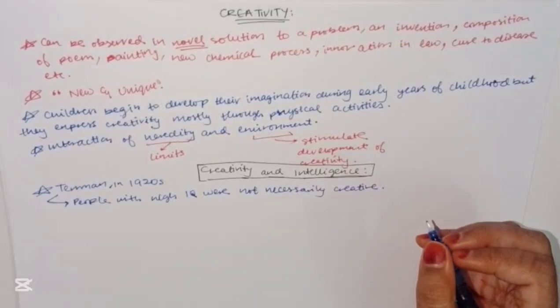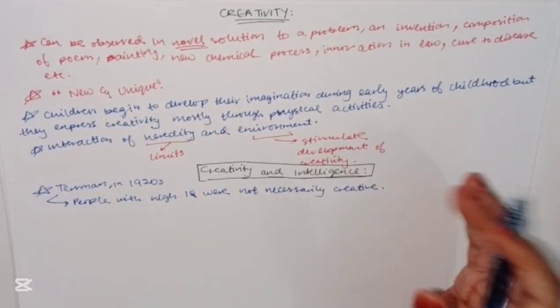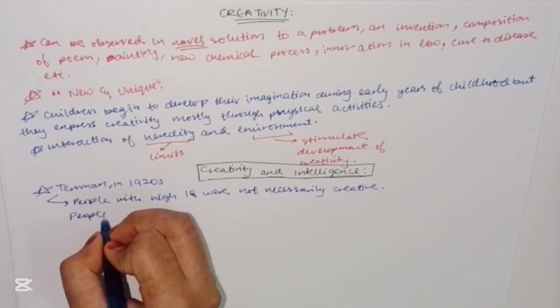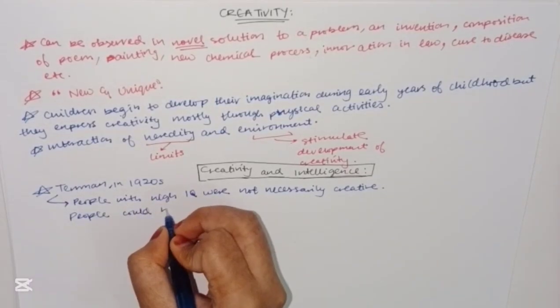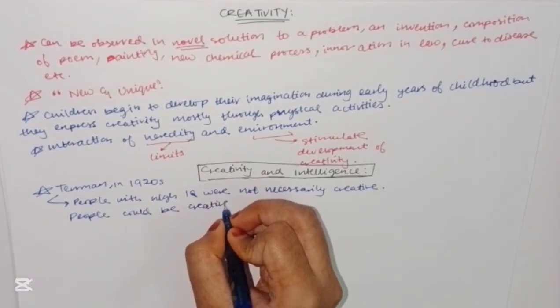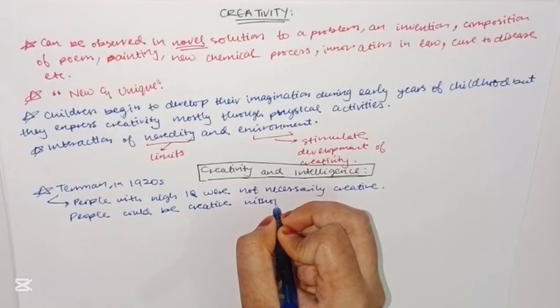At the same time, creative ideas could come from people who did not have very high IQ. People could be creative without much IQ. This also comes as a case-based study.